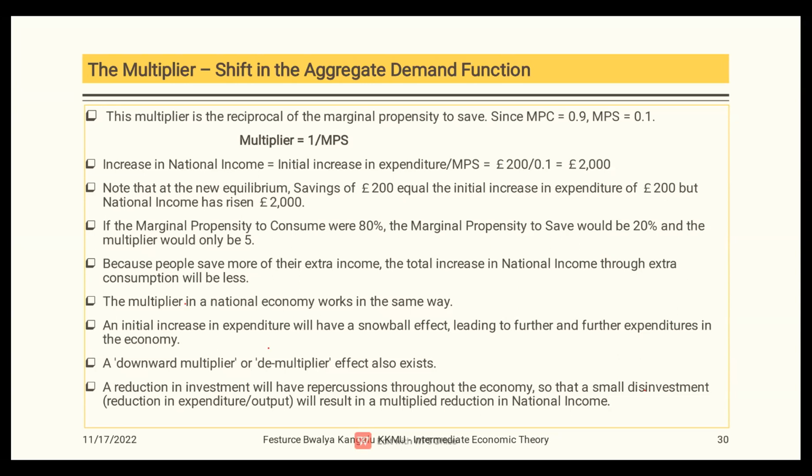Let me explain clearly. I'm saying that if government expenditure increases by 200, G increases by 200, then what is the multiplier effect? We know that the multiplier is 1 over MPS. Our MPS is 0.1, because MPC is 90%.